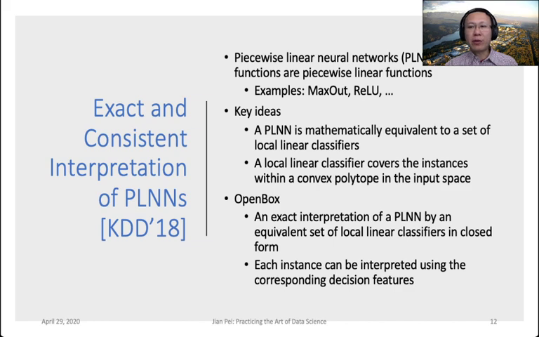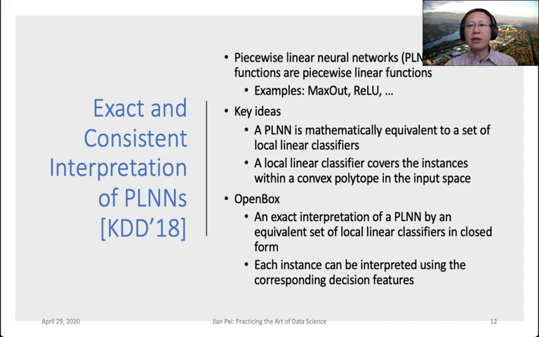They are very popularly used, for example, the ReLU network and the MaxOut network. The key idea here is that a PLNN is mathematically equivalent to a set of local linear classifiers. So as long as we can get those local linear classifiers, we get an exact interpretation of the PLNN.